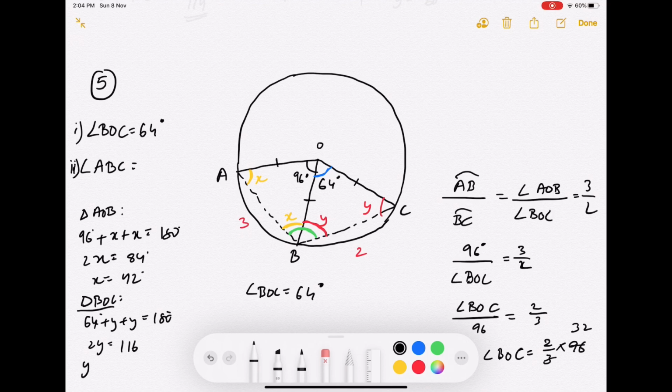Yeah, so Y should be equal to 58 degrees. Therefore, to find angle ABC, which is X plus Y, 42 plus 58 degrees, this comes out to be 100 degrees. Therefore angle ABC is 100 degrees.